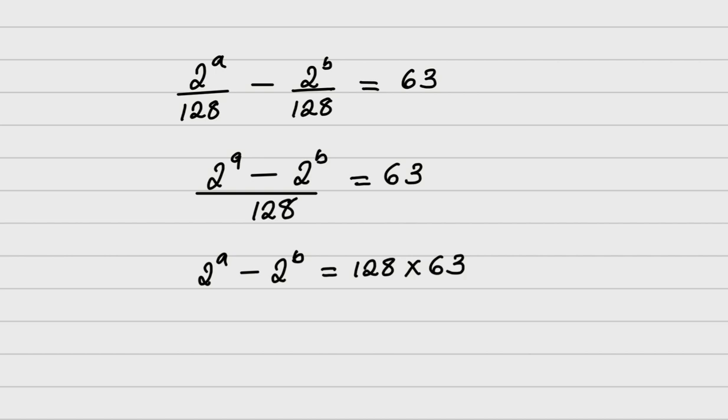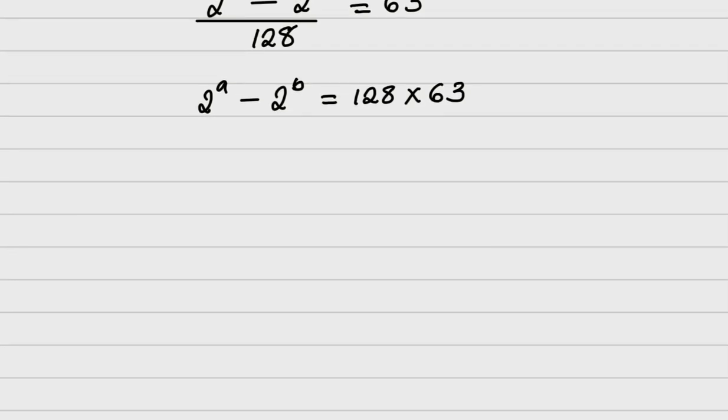But there's one thing that we must agree. Since they all have the basis of 2, from what I see here, a must be greater than b for the value here to be positive, okay? It means that a must be greater than b.